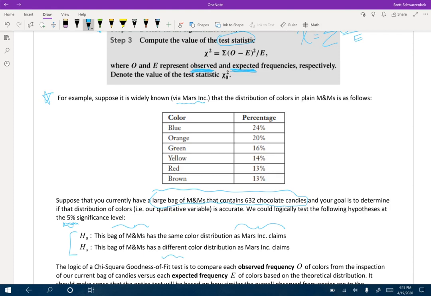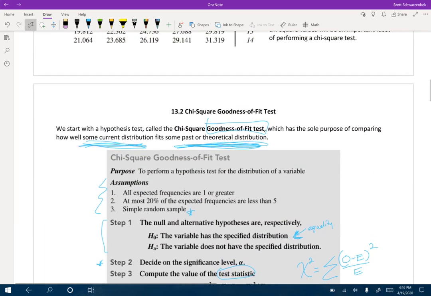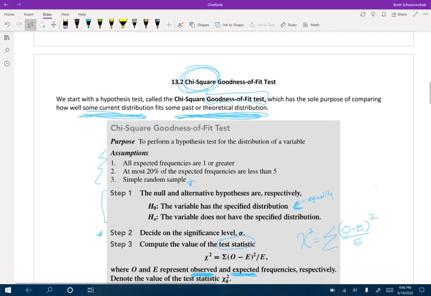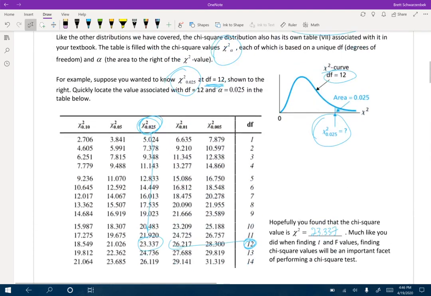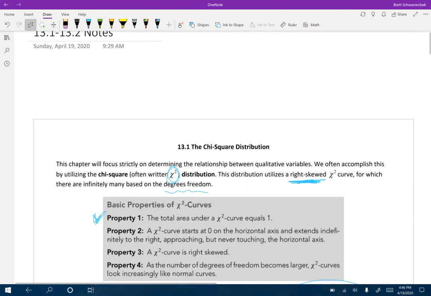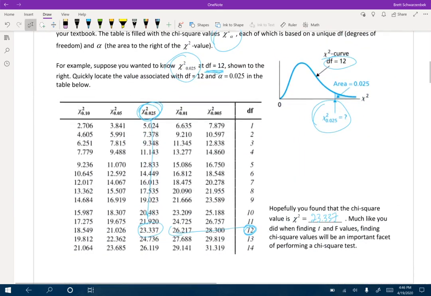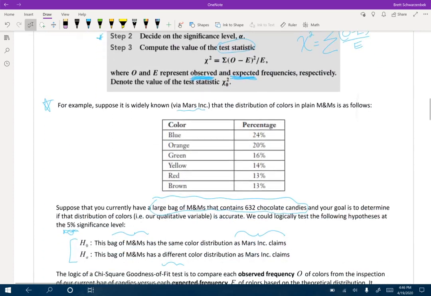You get the point, right? Dot, dot, dot. So our data is actually qualitative data. So worth noting that chi-square tests, basically their sole purpose is to measure qualitative data. So just take note, and this was mentioned earlier, I think. I just sort of skipped over it. But basically, the chi-square distribution's main focus is on qualitative data.